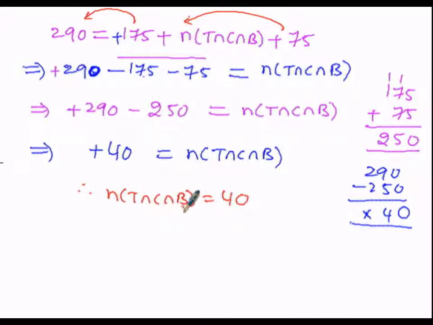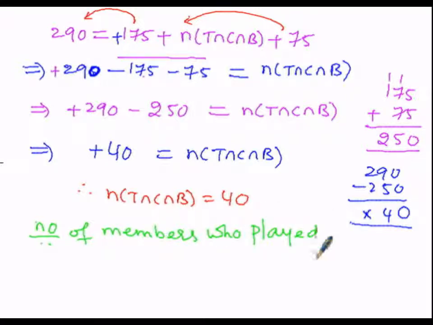So from this it is clear that the number of members who played tennis and cricket and badminton, that is, who played all the 3 games, is 40 in number.